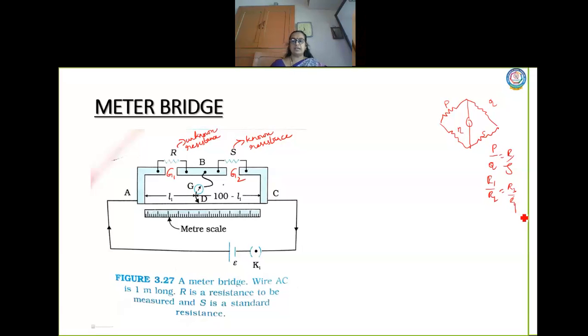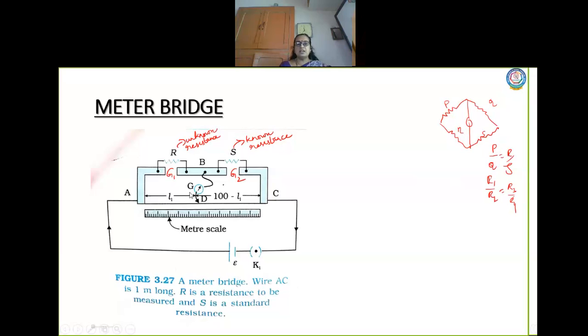Or R2 by R1 is equal to R4 by R3. So here you have four resistors, and it is exactly resembling the network of a Wheatstone. So this is one resistance, this is one resistance, and AD becomes the other resistance and DC becomes the other resistance. So at that point the galvanometer will show zero deflection.